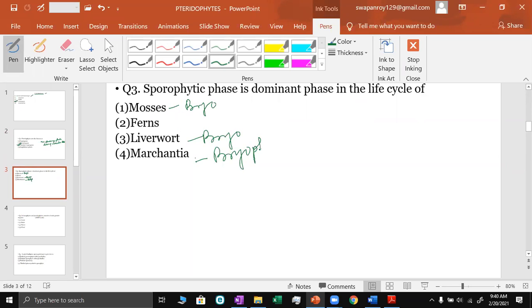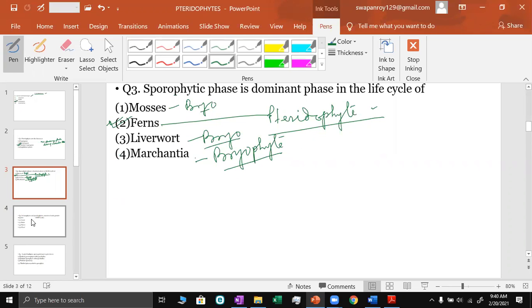So in the bryophyte, the gametophytic phase is dominant. And fern is a pteridophyte, so here the sporophytic generation is dominant. It starts from the pteridophyte. So from the pteridophyte onwards, the sporophytic phase is dominant.